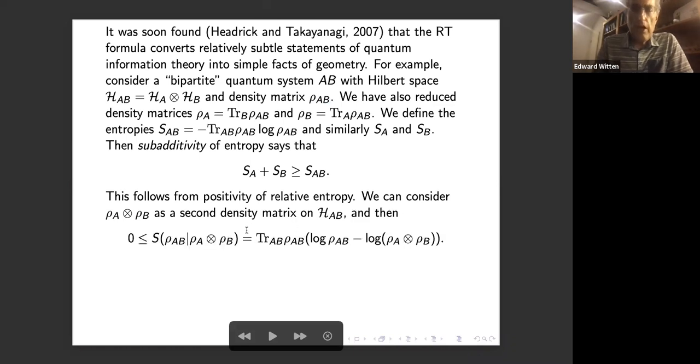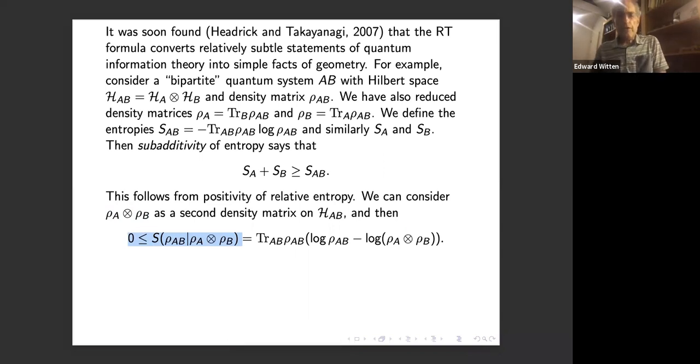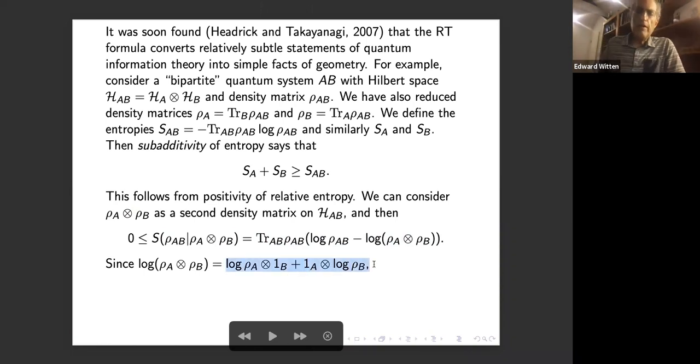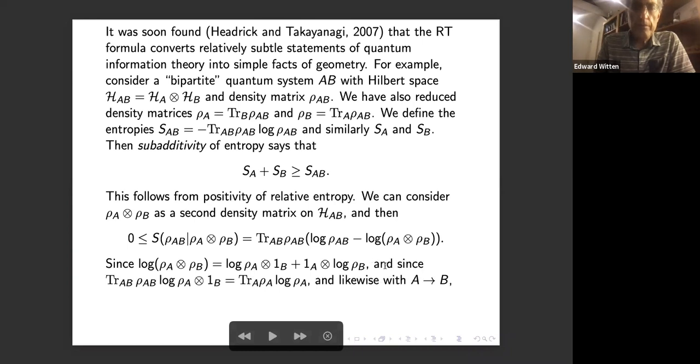Now, as I sketched in the proof in the first lecture, relative entropy is non-negative. So in particular, relative entropy between these two density matrices is non-negative. And it's defined by this formula. But since the logarithm of rho_A tensor rho_B can be written in terms of log rho_A and log rho_B, if you plug that into this expression and calculate some of the partial traces, you'll learn, well, I've written here what you have to do.